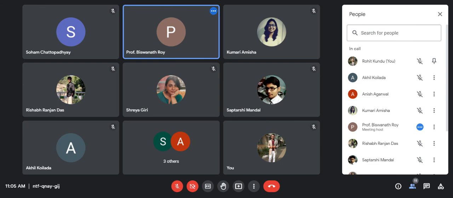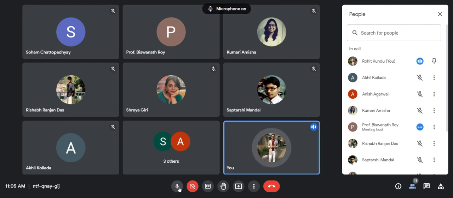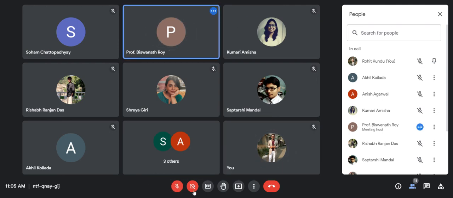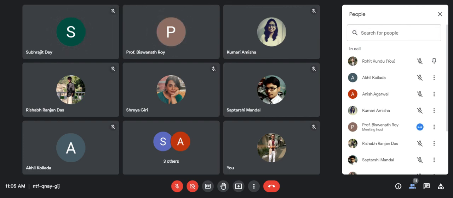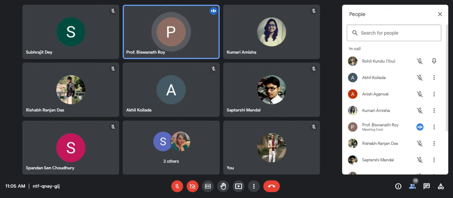আচ্ছা, আমি একটু অ্যাটেন্ডেন্সটা নিই আজকে, তারপর তোমাদের কোশ্চেন থাকলে বলো। জিসান, সোহমকে দেখলাম মনে হলো। আচ্ছা, আমি দেখতে পাচ্ছি না তোমাদের কাউকে, একটু বলতে হবে। সুগত, সপ্তর্ষি, Yes, sir. রোহিত, শুভ্রজিৎ, Yes, sir. স্পন্দন, Yes, sir. ঋষভ, Present, sir. কুমারী অমিশা, Present, sir. কয়লাদা অখিল, Present, sir. এটা কিভাবে উচ্চারণ করে?